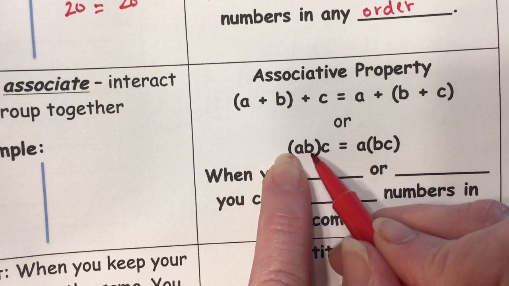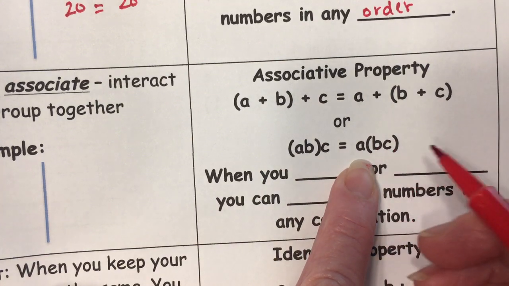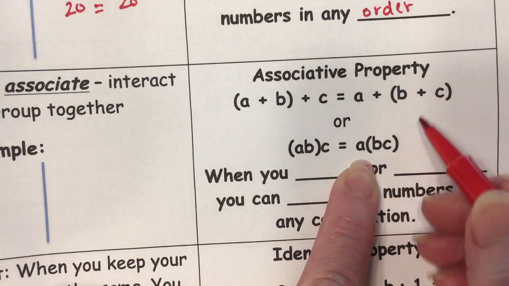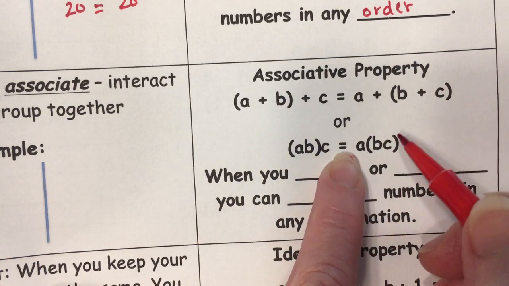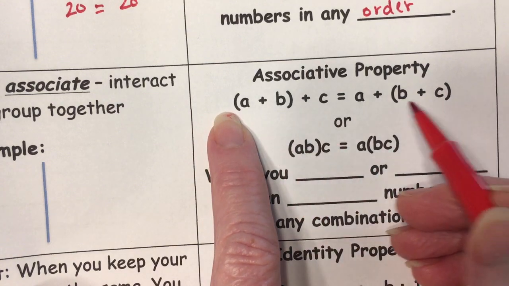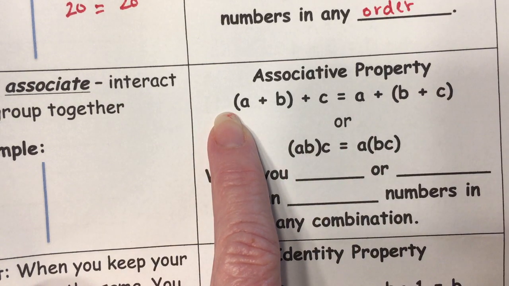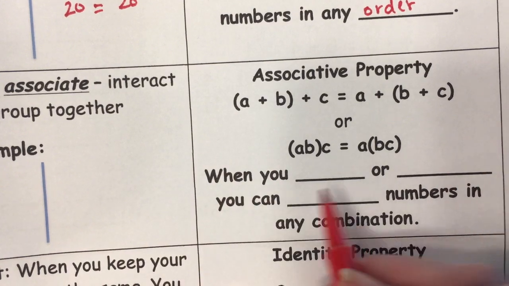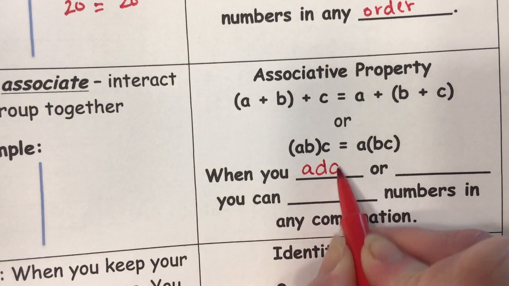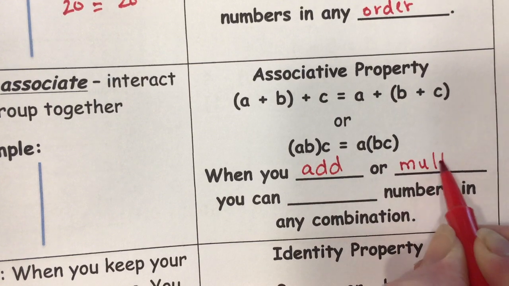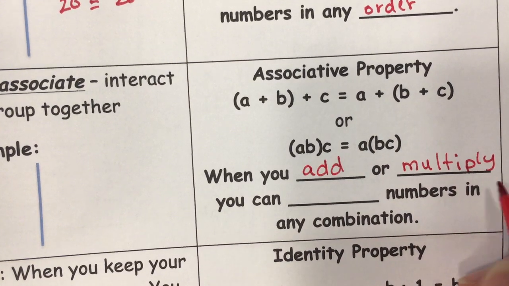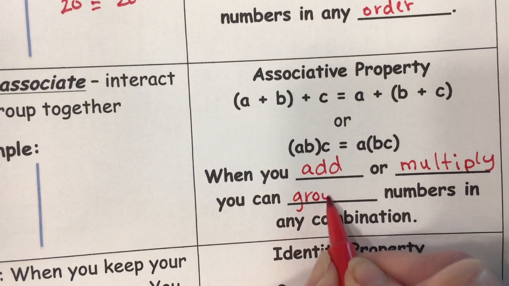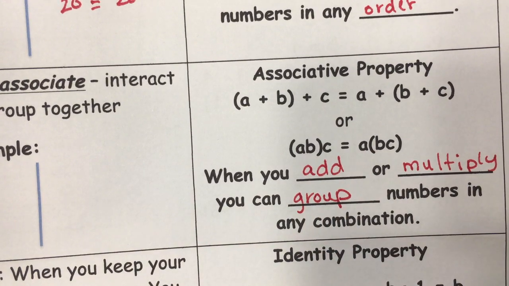I can multiply the first 2 numbers together, or I can multiply the second 2 numbers together. These properties are helpful if you know them, because sometimes it's easier to add the last 2 before you add the first one. The associative property says that's okay. So when you add or multiply, you can group numbers in any combination.